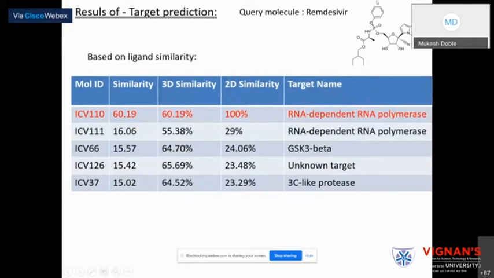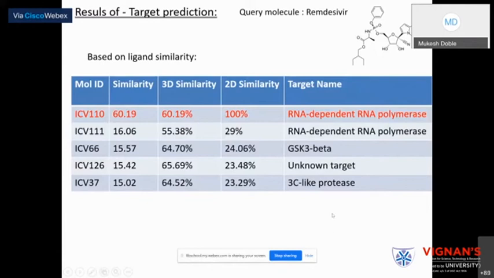Given a ligand, it will tell what could be the most probable target 1, 2, 3, and so on, based on the similarity of the structure with other known inhibitors. Here it has put the RNA-dependent RNA polymerase of COVID at the top because it's got about 60% similarity. Then it tells you the other human targets and so on.